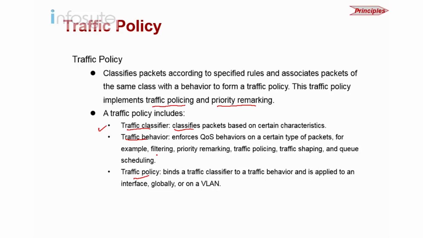Examples include filter, which means you are going to drop them. You can remark them, police them, shape them, or schedule them based on scheduling. It can be round robin, strict priority or priority queuing, etc. And finally, you are going to implement the policy. It can be applied to the interface, globally, or even to the VLAN.